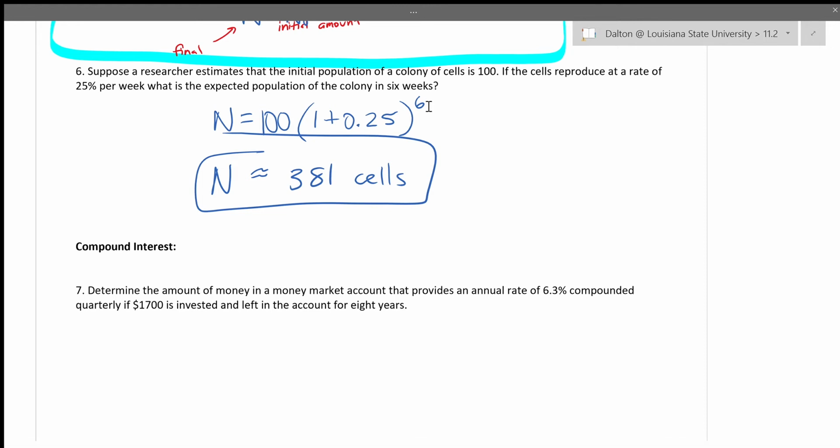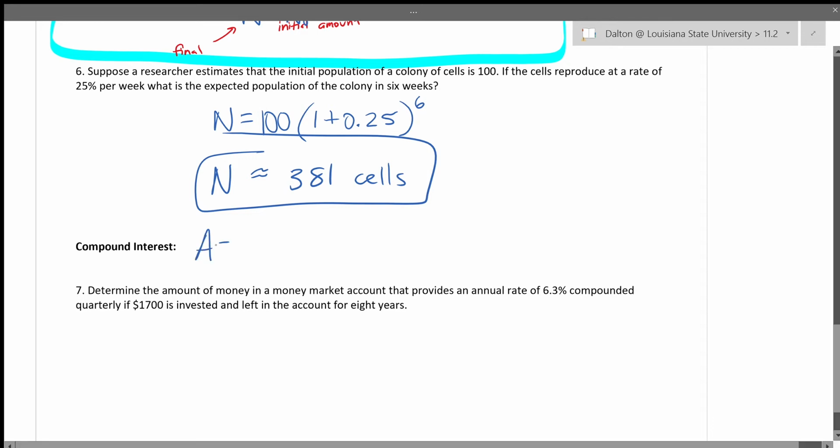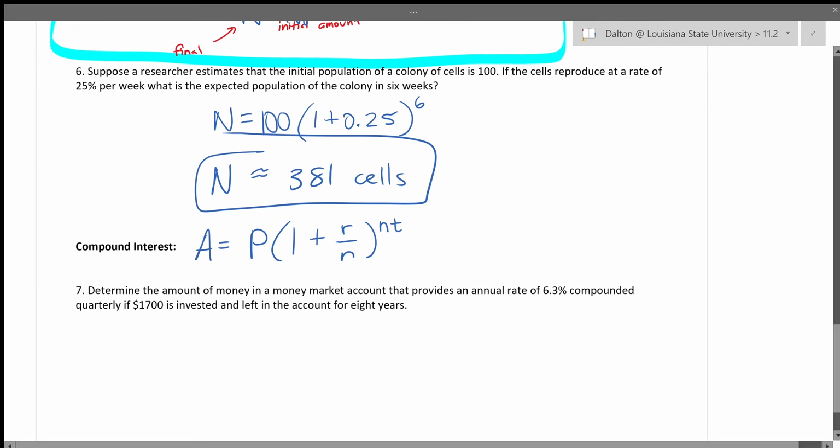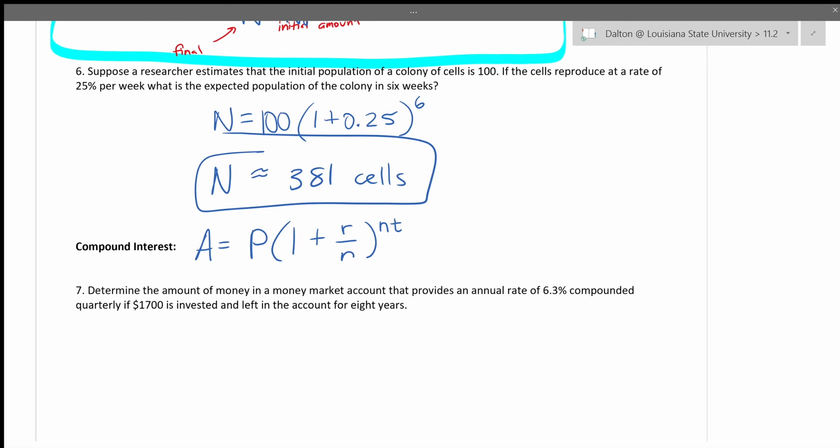We can find compound interest or represent those scenarios with A is equal to P times 1 plus R over N, all to the NT power. And even though there are some different variables, the locations of them still kind of maintain the same function.